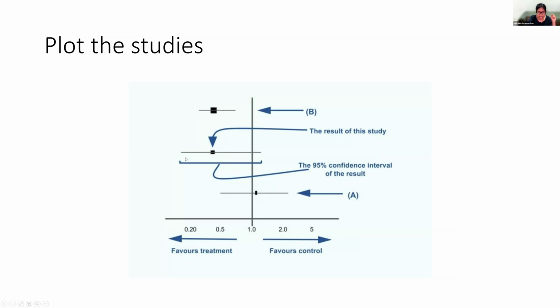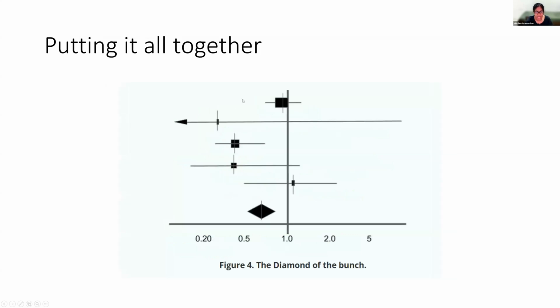But when they cross the line of no difference, it is non-significant. So putting it all together, we have 5 studies, each one with a different RR and confidence interval. And then finally, the diamond.